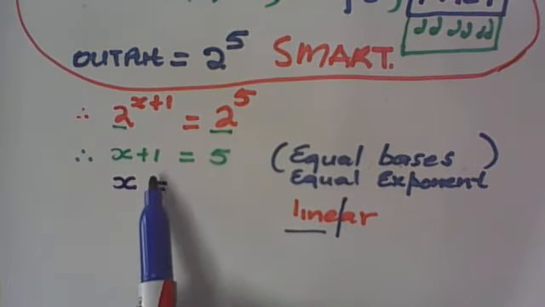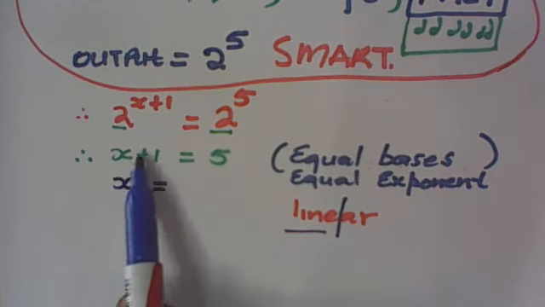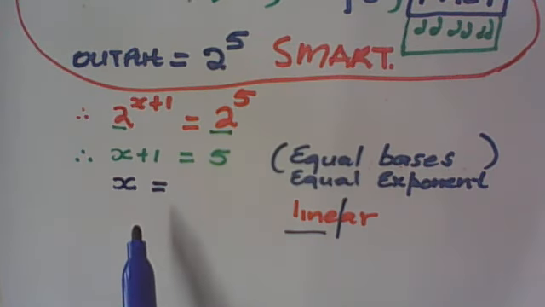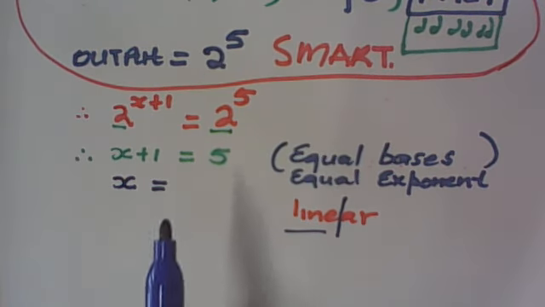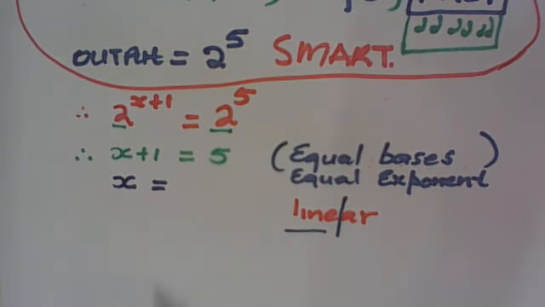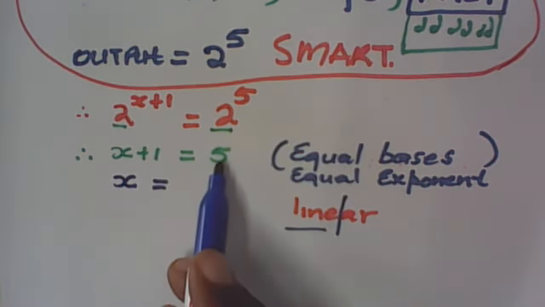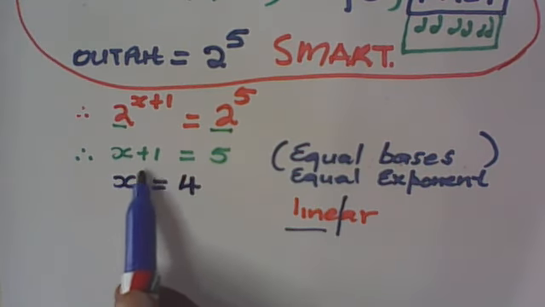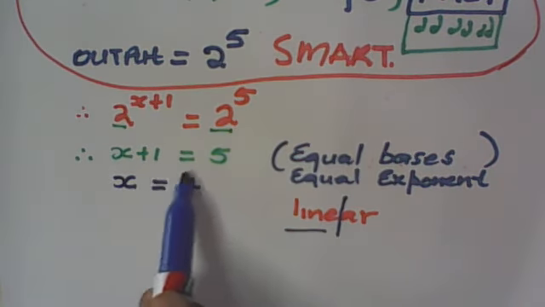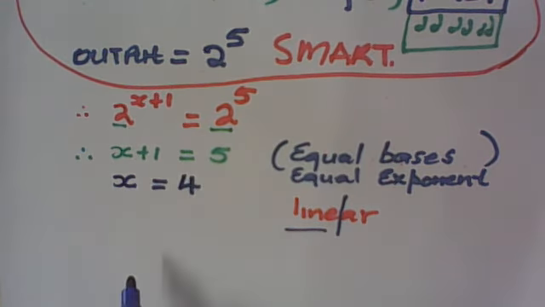So what will the value of x be? In order to get this x, get rid of this. How do you get rid of it? By undoing it. How do you undo positive 1? You undo it by putting negative 1 this side and that side. Then if you subtract 1 this side, you get 4. There is no need to write the steps here. Most of the teachers will tell you that you have to write this step, you will get blah, blah, blah marks.